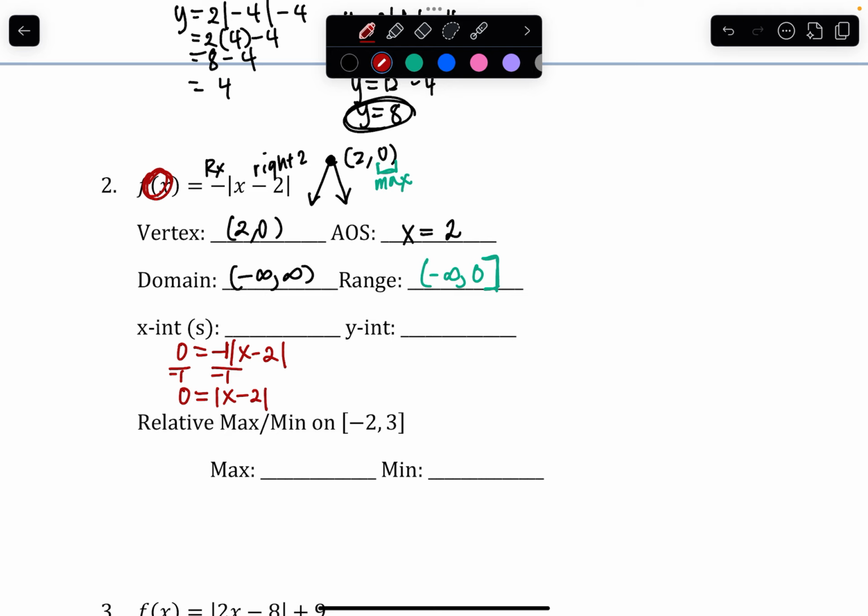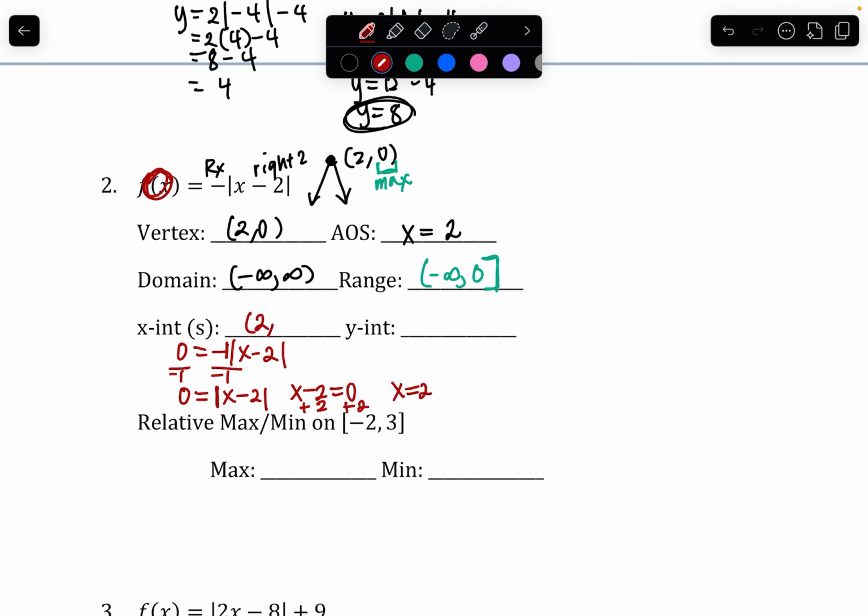And then remember, when we consider the cases, we would set it equal to the positive or negative, but positive or -0 is still 0. So the only case we have is that this x minus 2 equals 0, which means x equals 2.